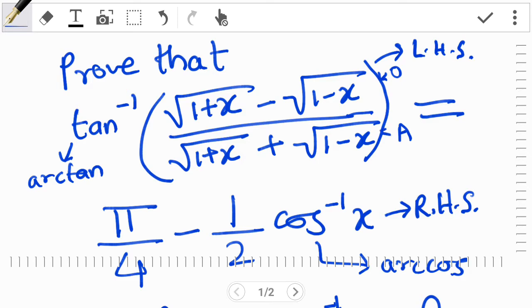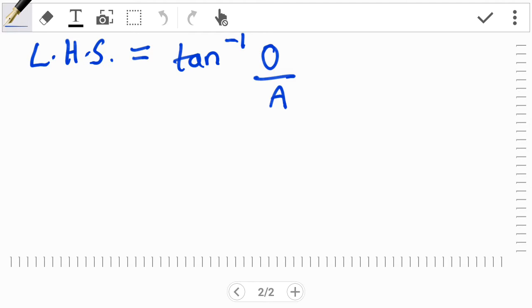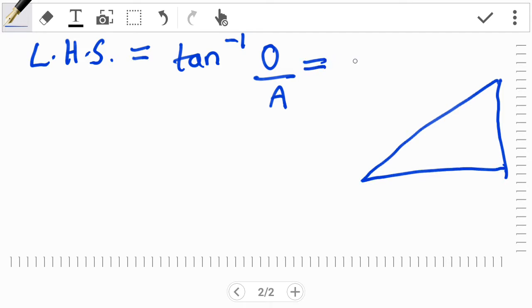So this will give out some angle. Let us draw a right angle triangle. Say this angle is theta. If this angle is theta, what will be the tan of theta?